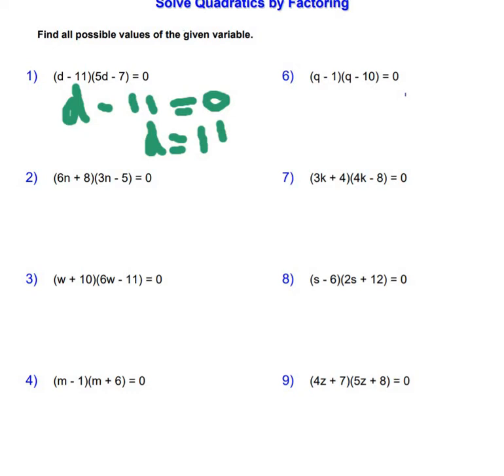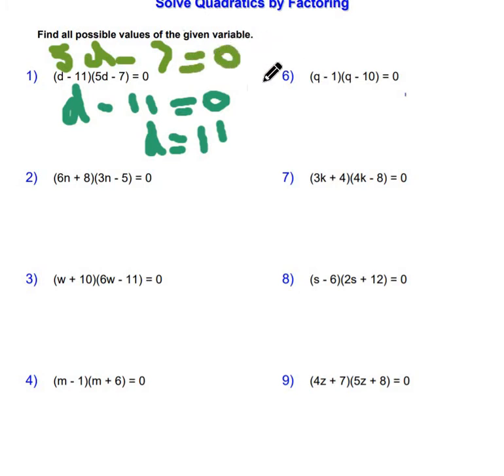And alternatively, just as what I said earlier, 5d minus 7 could be 0 as well. So due to limited space, let me just quickly write it down here. 5d minus 7 could be 0 as well.